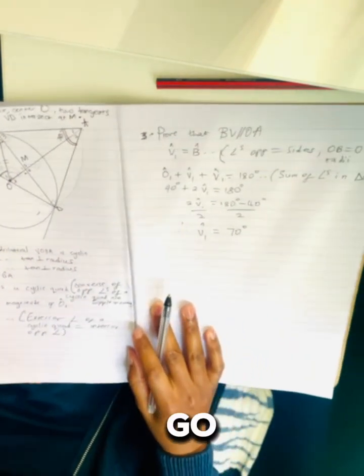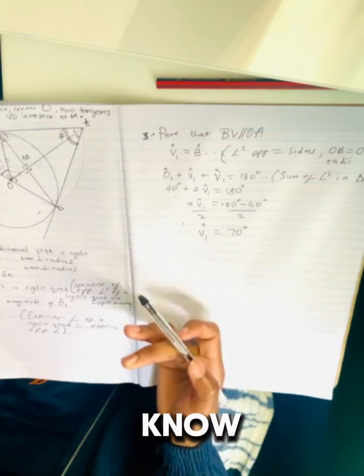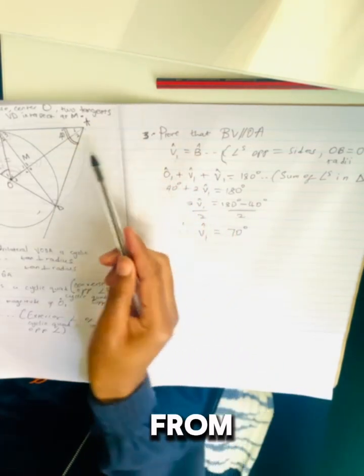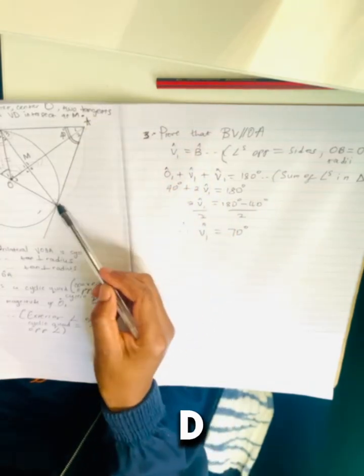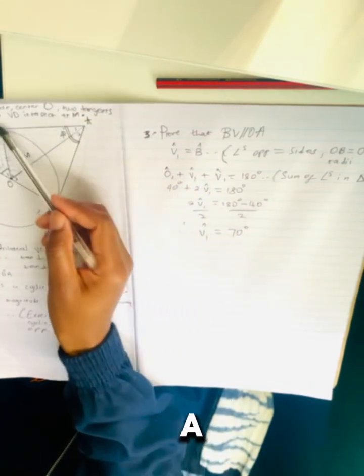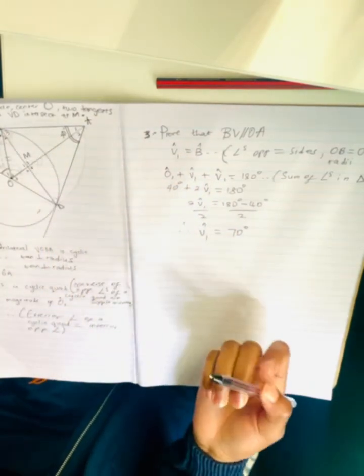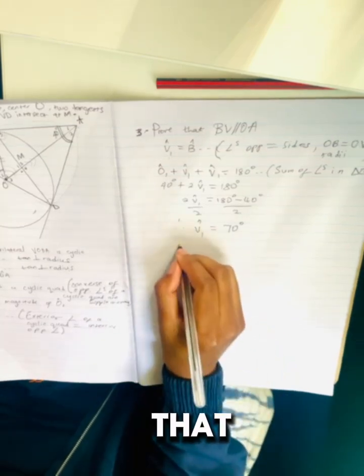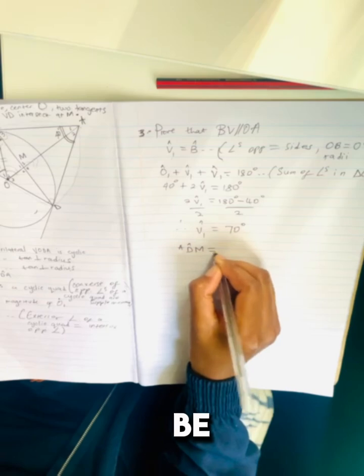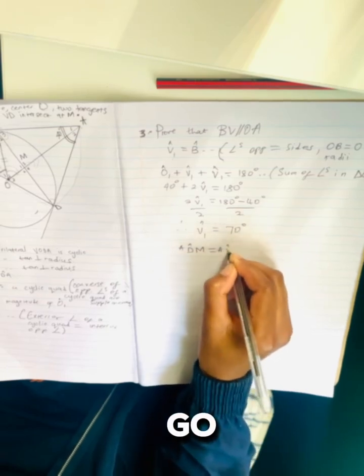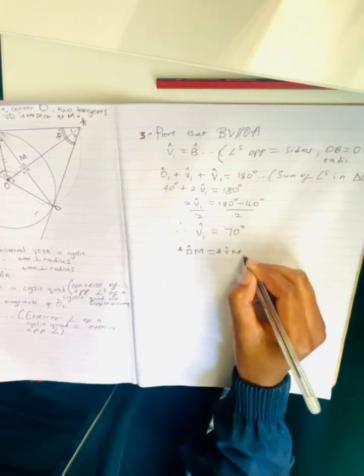So how do we go about it? We know that we have tangents from the same point, meaning that our angle ADM is the same as angle AVM. So we're going to say that angle ADM must be equal to angle AVM. What is our reason?